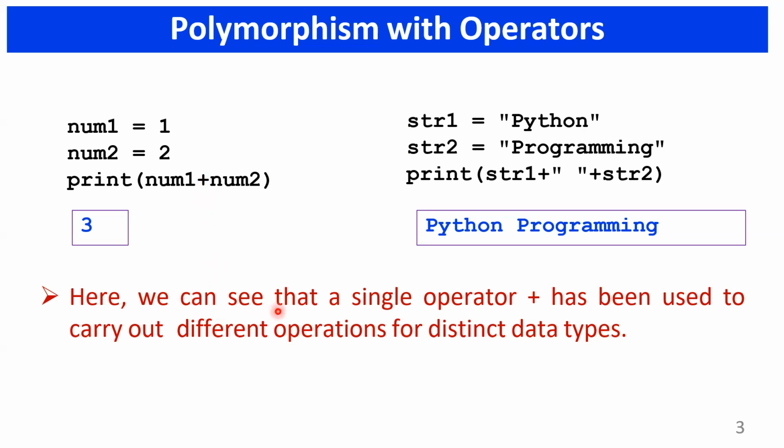Here we can see that a single operator plus has been used to carry out different operations for distinct data types. For numeric data type, it is performing addition, and for string data type, it is performing concatenation. So plus is implemented in two different forms. That is why it is an example of polymorphism with operators.